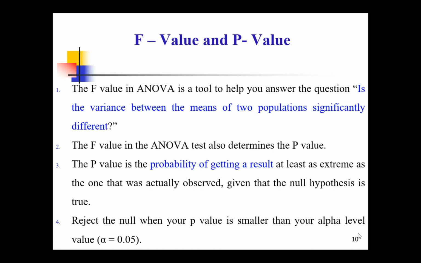So if the p-value is less than this 0.05, a significant variance exists between the two parameters. But my null hypothesis is that there is no significant variance. So if the p-value is less than 0.05, there is a significant variance, so I have to reject the null hypothesis and accept the alternate hypothesis.